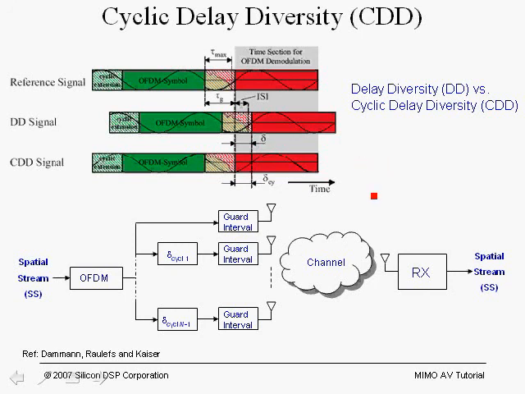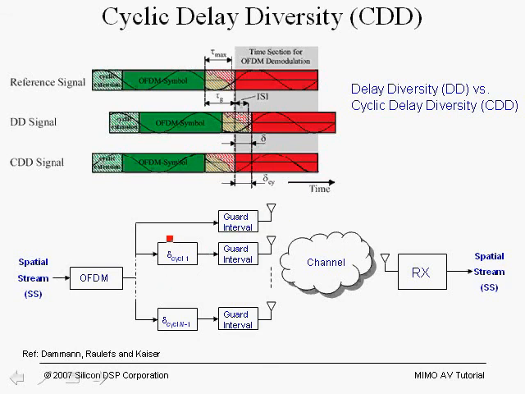So let's take a look at this diagram over here. The way CDD works is we have an OFDM modulator. Consider that at this point we're at the output of the inverse FFT, and we have the 3.2 microsecond OFDM symbols with the 52 carriers and the null at DC and the nulls at the guard interval. And this is prior to adding the cyclic prefix.